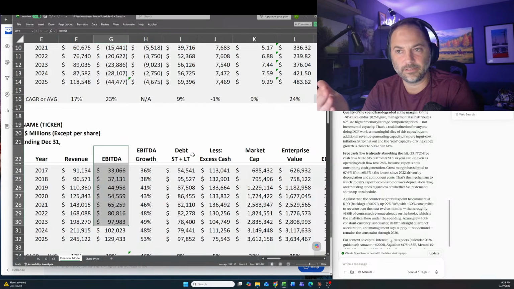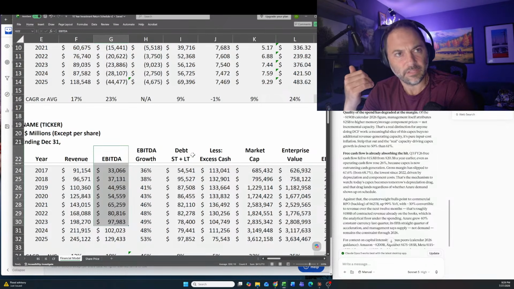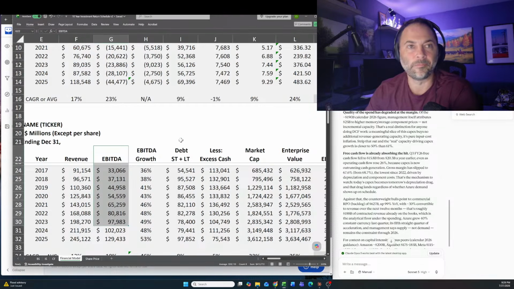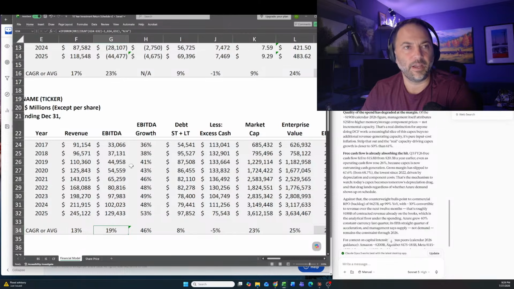I almost would want these guys taking multi-billion-dollar bets on the future to grow their business rather than sitting on the cash or just paying it as a dividend, because they're able to grow so much faster than I can. Try to find an investment that's growing EBITDA at 19% annually.